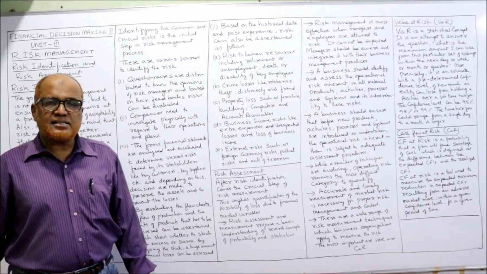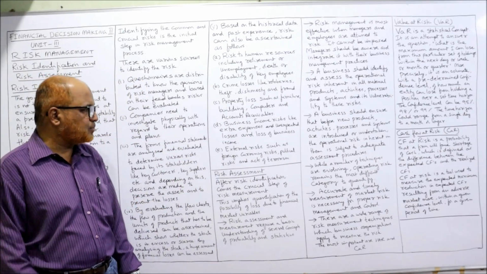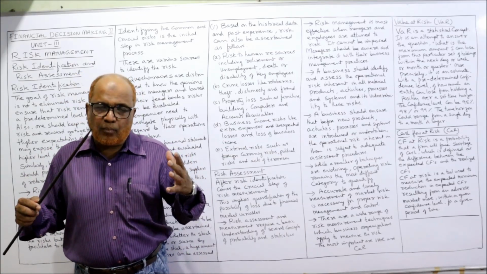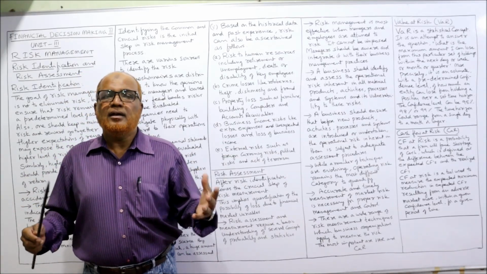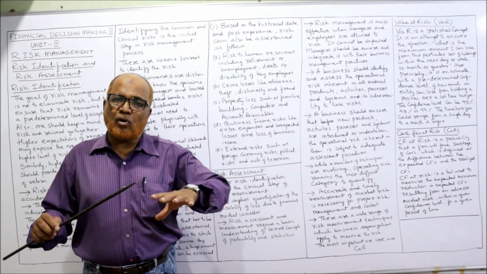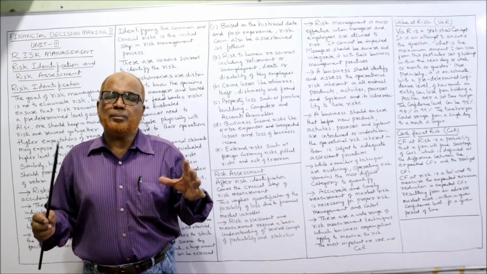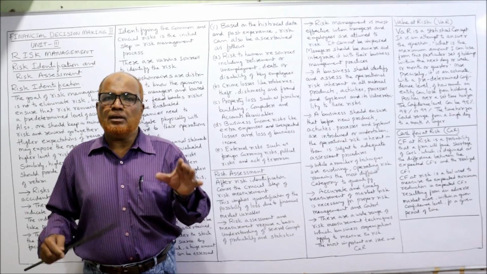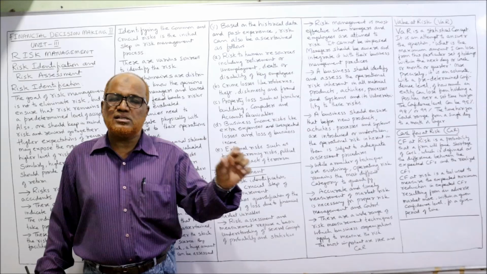Next, external risks such as foreign currency risk, political risk, and act of terrorism. These are possible even if they are rare. External risk like foreign currency risk, that means if a business is dealing in foreign currency, import and export, the business is exposed to foreign currency risk.